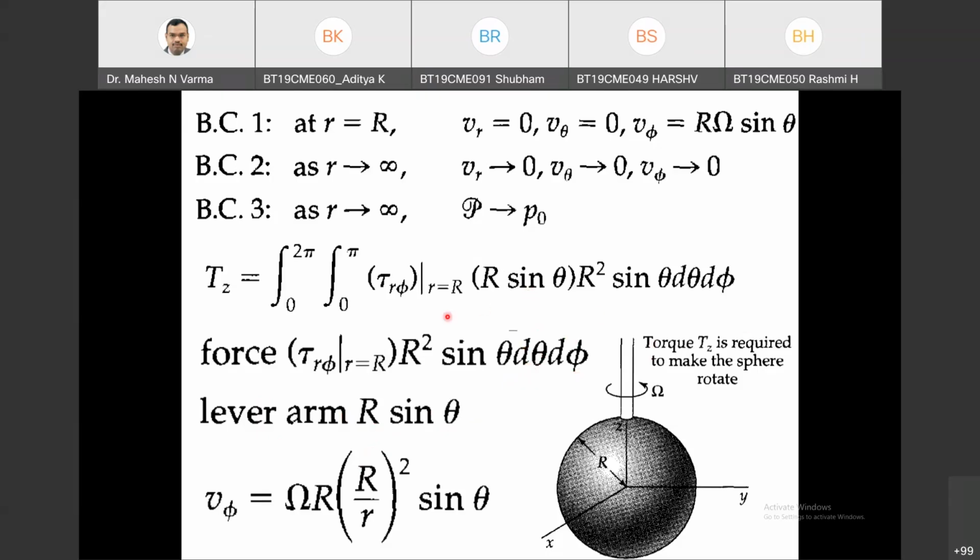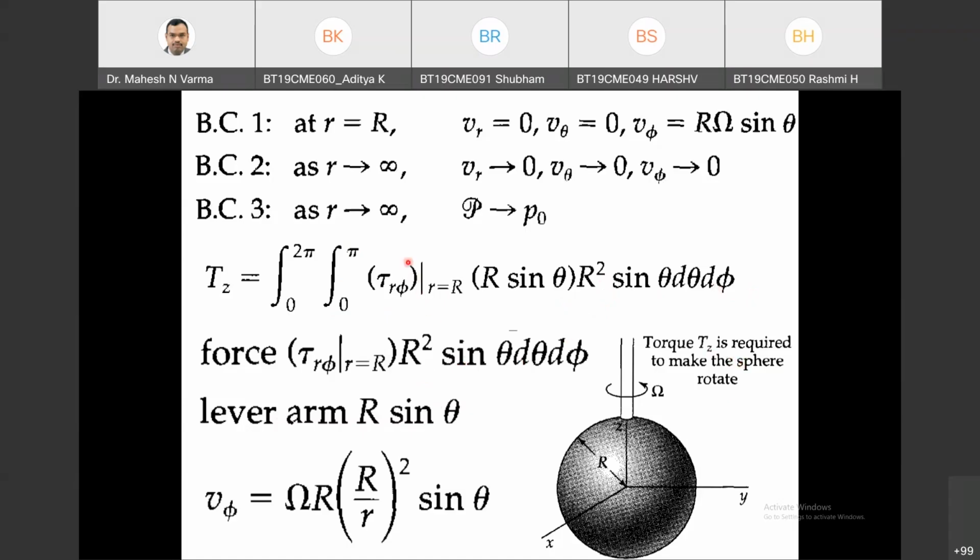Tau r theta estimated at r equals to R, times R sine theta, so this will be R square sine theta, R square sine theta d theta d phi. Okay, this will be the torque. This is what I want.